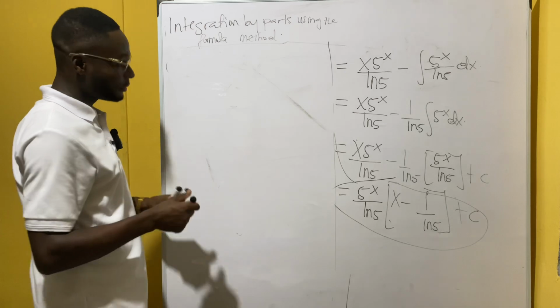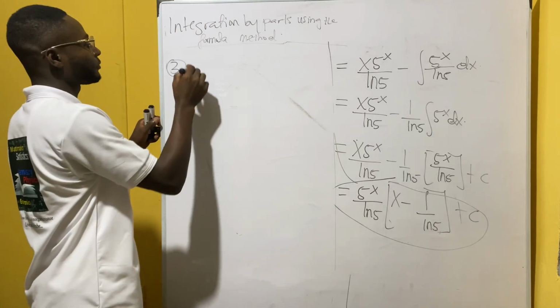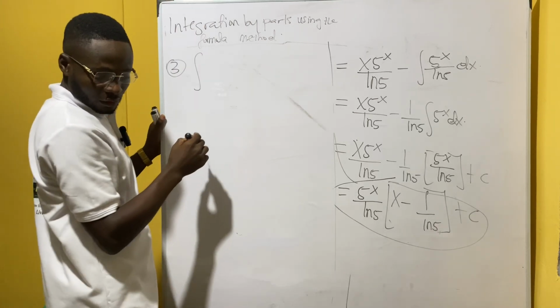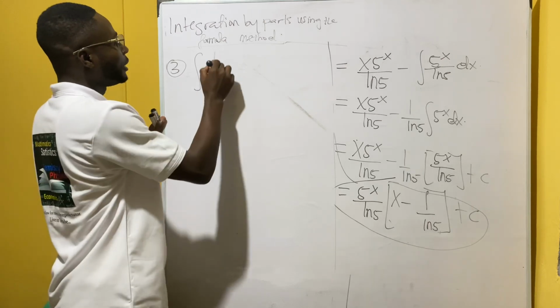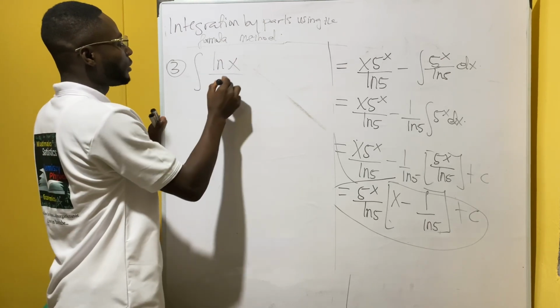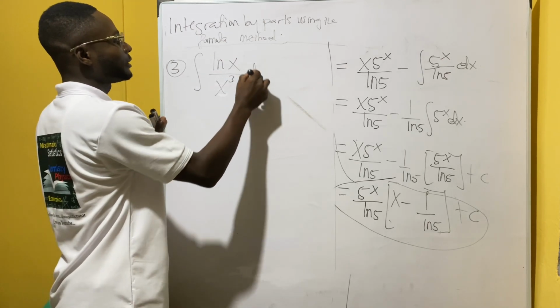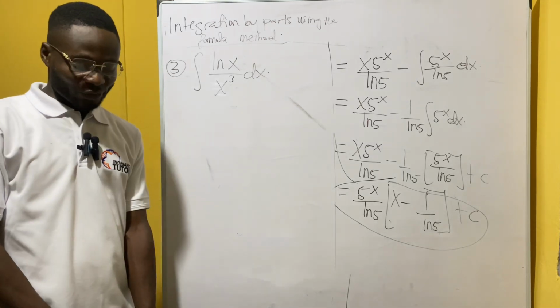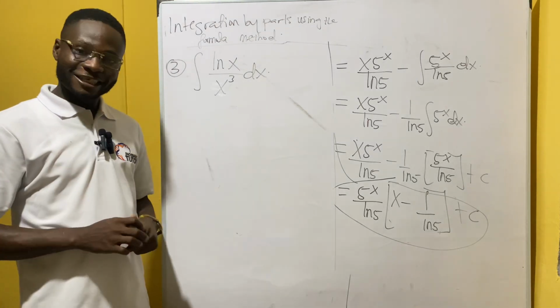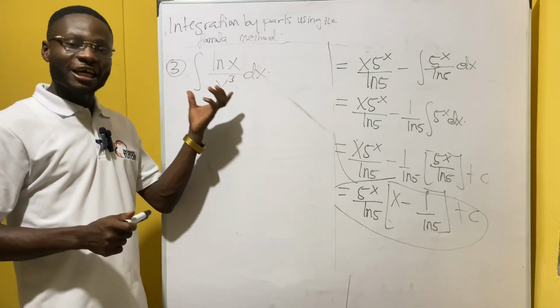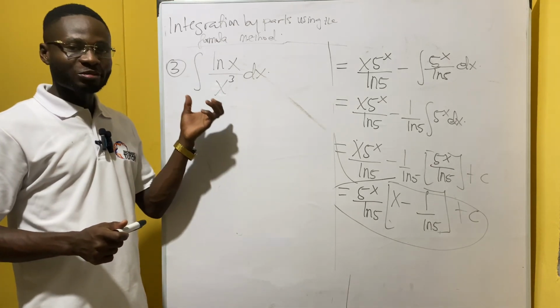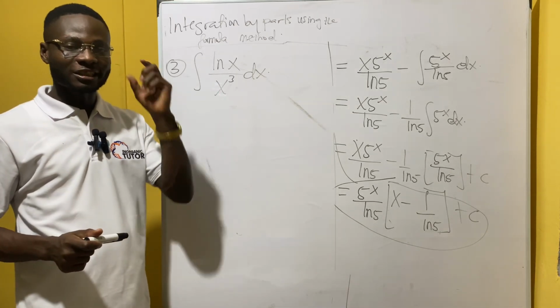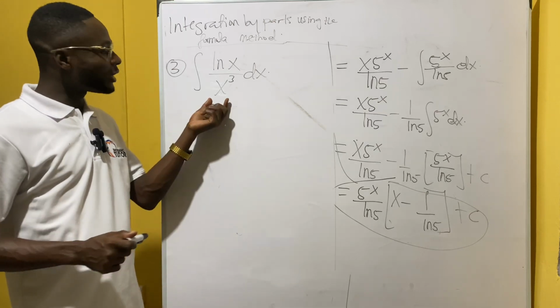Looking at the third problem, the integral of ln x all over x power 3 dx. This right here, someone may ask me, I said that you can only use the integration by parts when you have two functions that are multiplying, but this one is dividing.